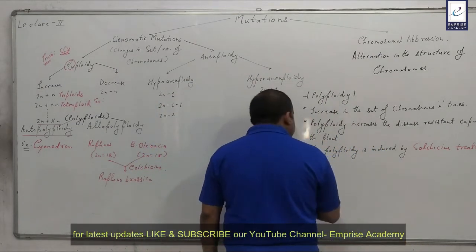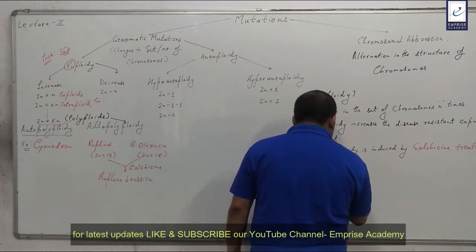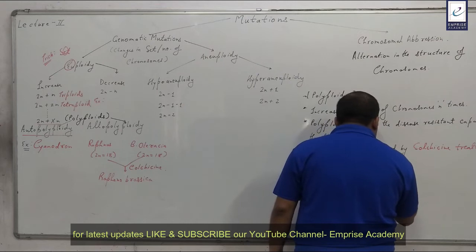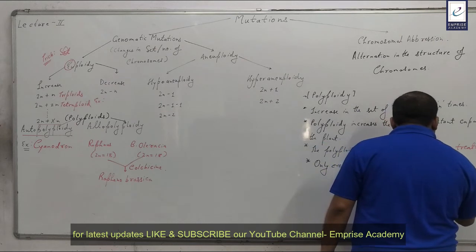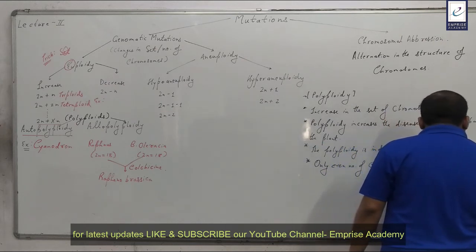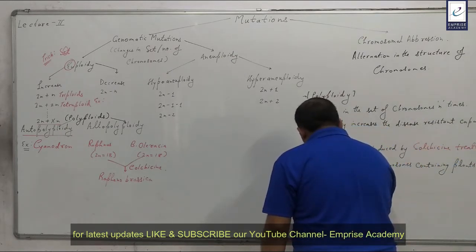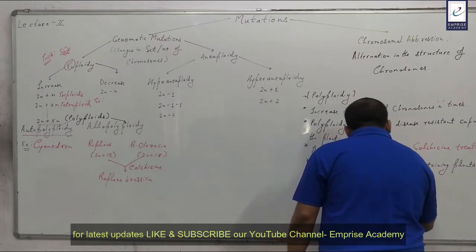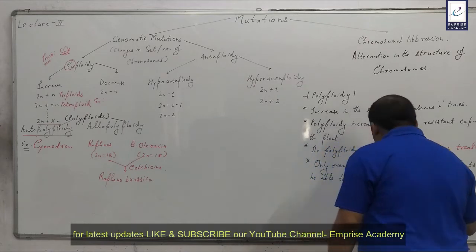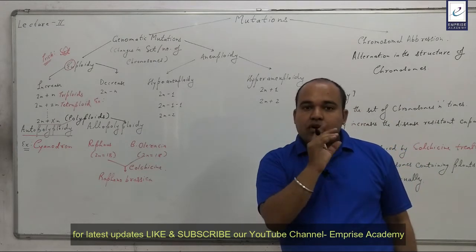Next, only even number of chromosome containing plants will be able to reproduce sexually, as even number of chromosomes can get equally distributed in the daughter cells.